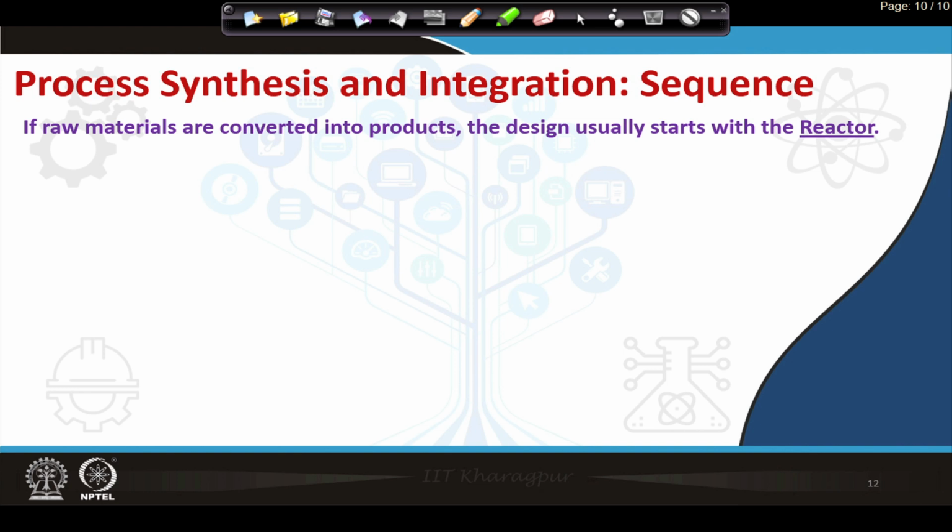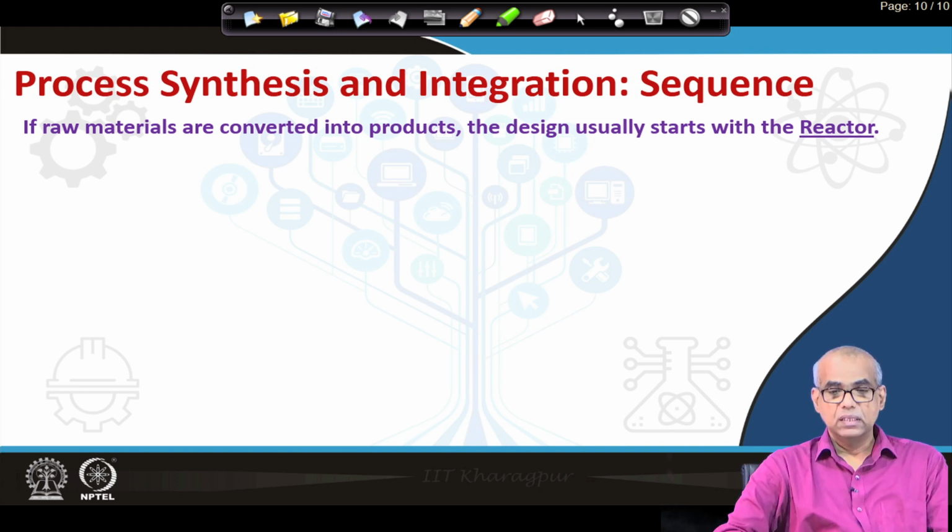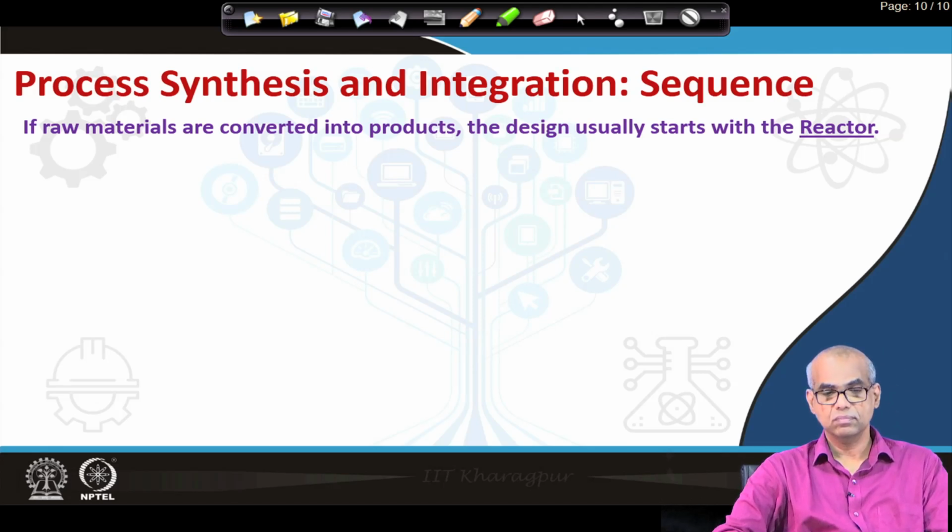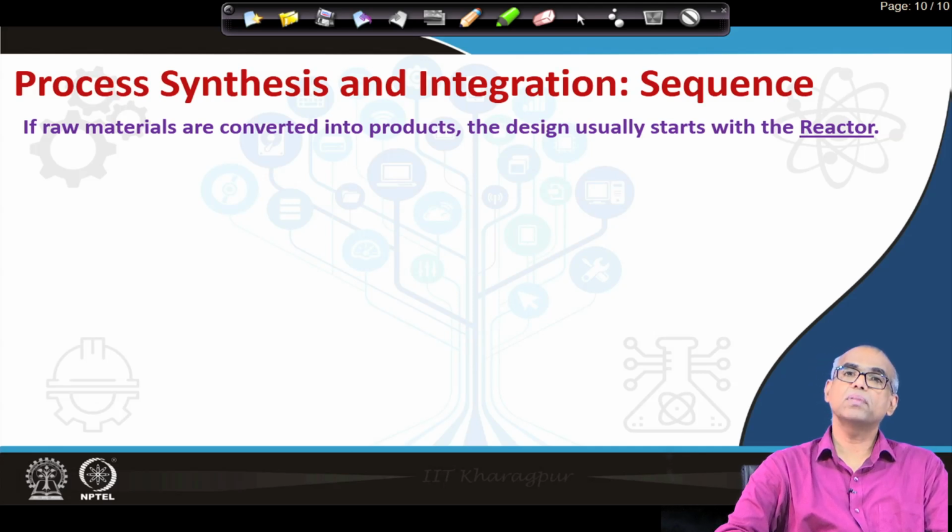Now, let us look at the sequence of chemical conceptual process synthesis and integration. If raw materials are converted into products, the design will usually start with the design of the reactor.